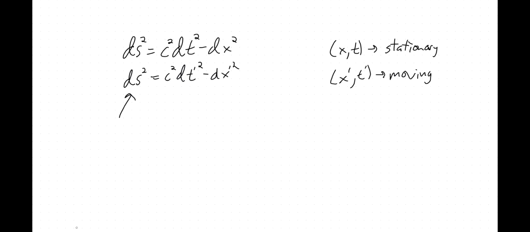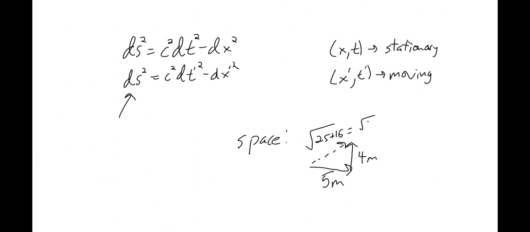But the issue is that if you have space only, meaning if I go 5 meters in the x direction and 4 meters in the y direction, then I go a distance of the square root of 5 squared plus 4 squared, which is the square root of 41.